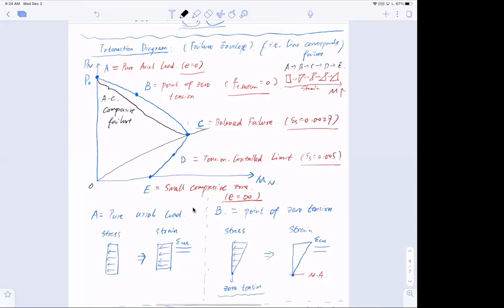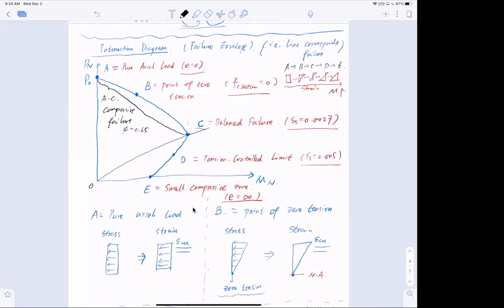Why? Because my steel is just before yielding, hasn't reached the yielding state. And mind you that phi equals 0.65, remember?